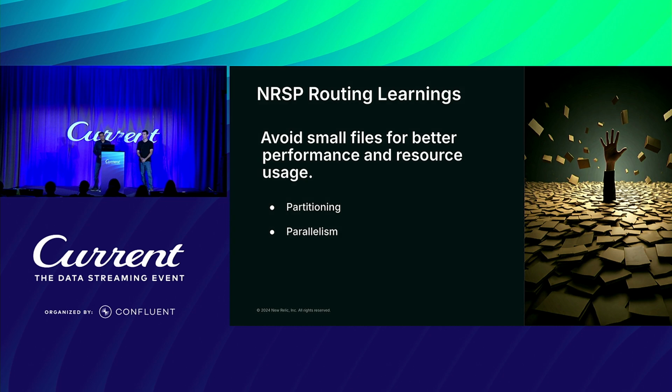Very similar to that, we have parallelism. The recommendation is to go with the minimum parallelism that can support your throughput. For a given throughput, a parallelism of 2 is much more efficient than a parallelism of 10, because if you have a parallelism of 2 for the same exact throughput, you have 2 subtasks working on the stream of data. Every 5 seconds, they are creating 2 files into S3.